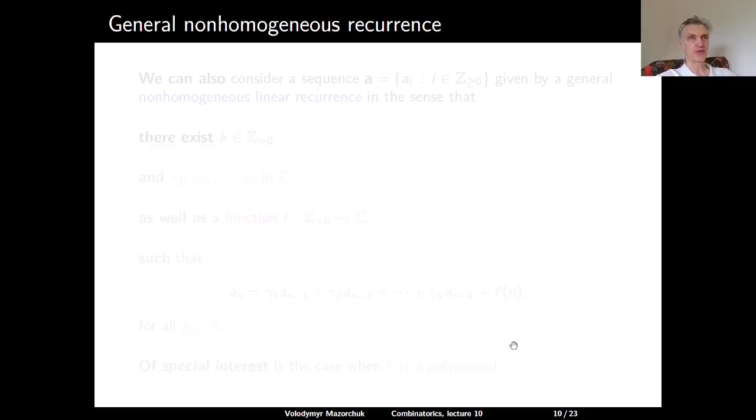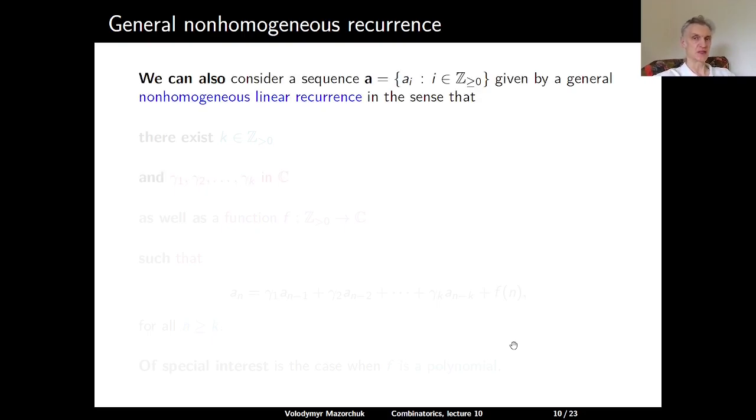Until this point, we considered recurrences which were linear, non-homogeneous, and with constant coefficients. Now we can generalize it a little bit and allow for the extra term, which we add, to be not necessarily constant.